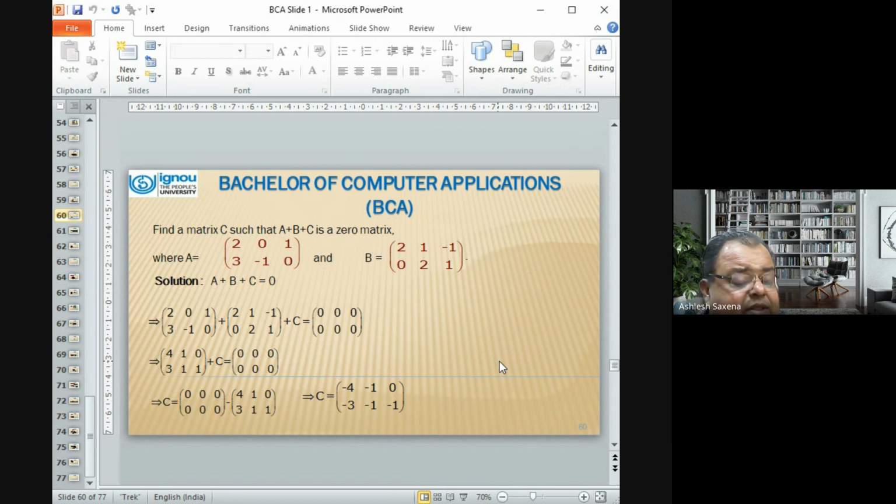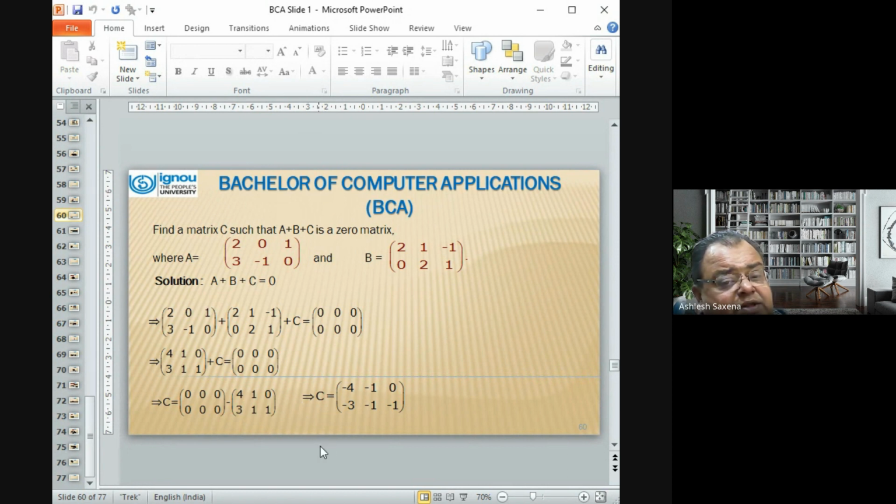Now you have to determine the value of C. So keep C on the left hand side and move this matrix to the right hand side. When you transfer this matrix to the right hand side, its signs will change. And when the signs change, what will it become? C equal to minus 4, minus 1, 0, minus 3, minus 1, minus 1.